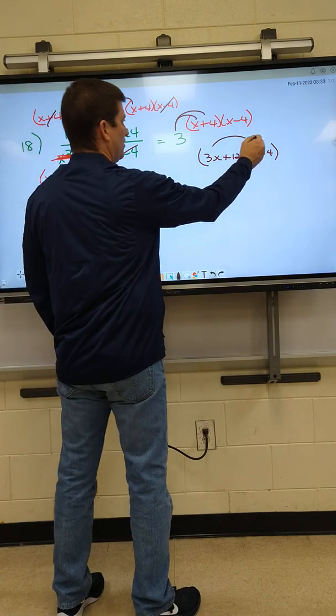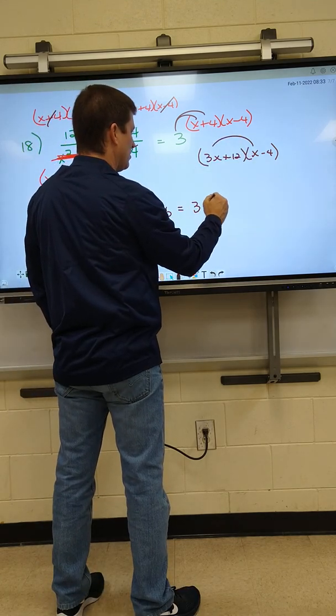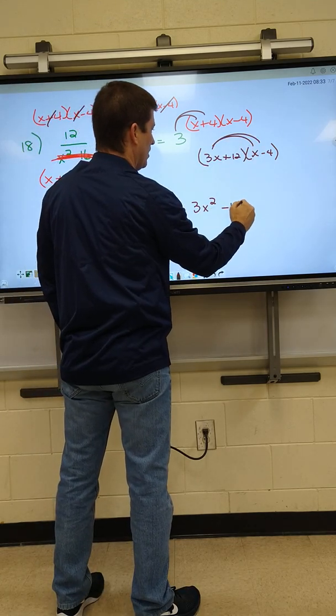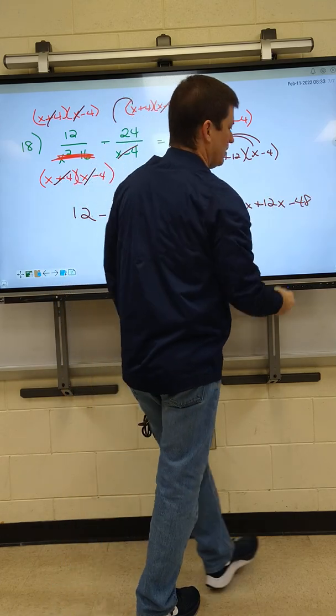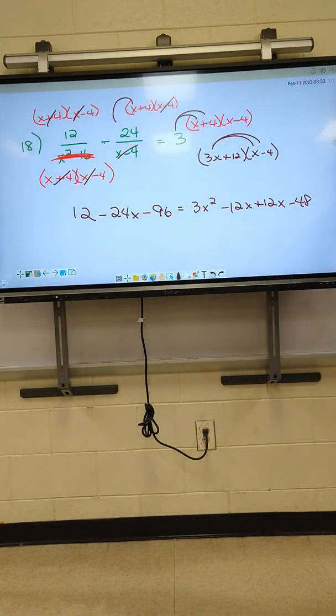All right, so we got 3x squared minus 12x plus 12x minus 48. All right, I need to slow down a minute. All right, so from here, you guys add up your like terms on each side before we start moving stuff from left to right.